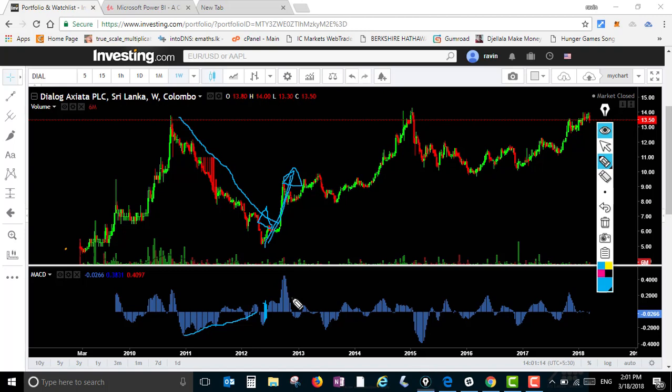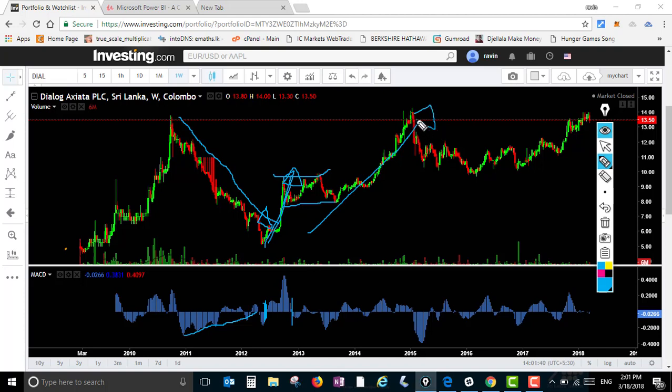Again you can see it has crossed the zero line. At that time, by looking at the price action and the patterns developing within the price, it is not in a downtrend, it is in an uptrend. If you sell at this point, you will lose this big move. This big profit you would miss.